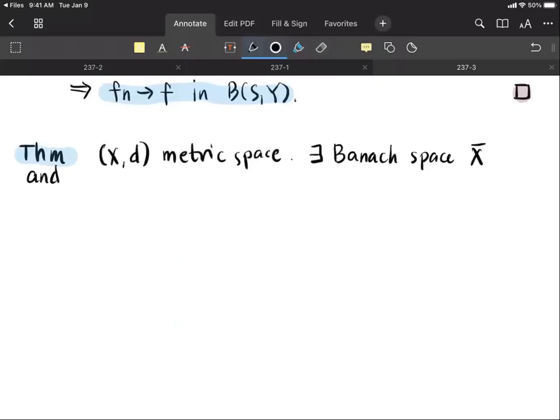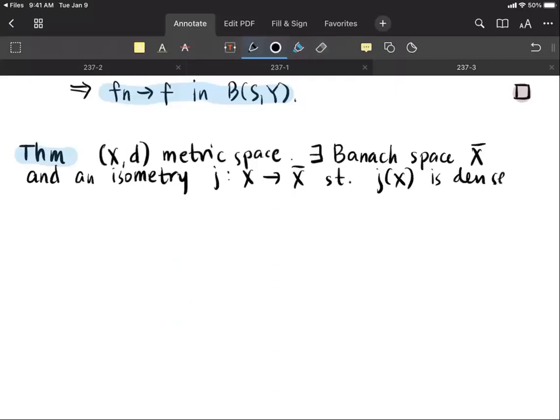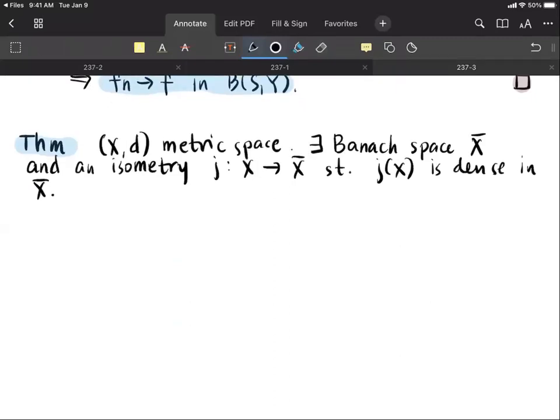And an isometry J from X to X bar such that J of X is dense with respect to the topology of the Banach space X bar. So here, this is the same content as the completion of metric spaces. The additional thing that we have here is that you can take the metric space to be a Banach space. In other words, the metric can be generated by a norm.